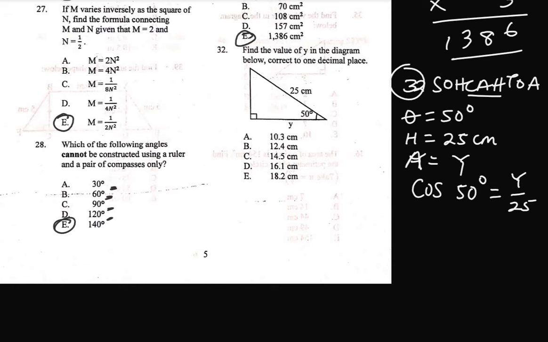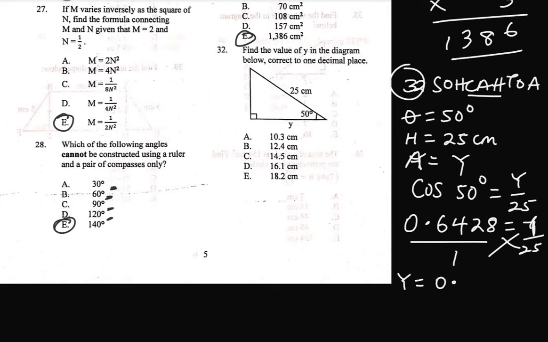Now, if you punch it in your calculator, or if you have a 4-figure table, cos 50 degrees is about 0.6428. Yeah, that's cos 50 equals y over 25. Remember, we are looking for y, which is the adjacent. Let this be over 1. Cross multiply. Y times 1 is y.